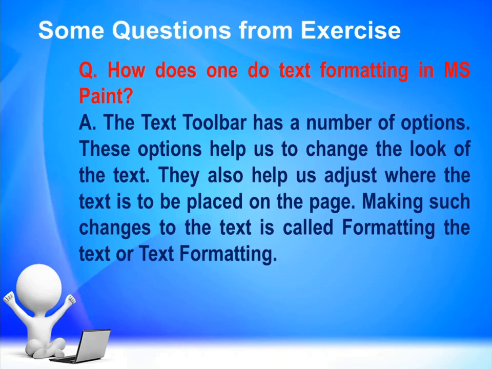They also help us adjust where the text is to be placed on the page. Making such changes to the text is called formatting the text, or you can say text formatting.